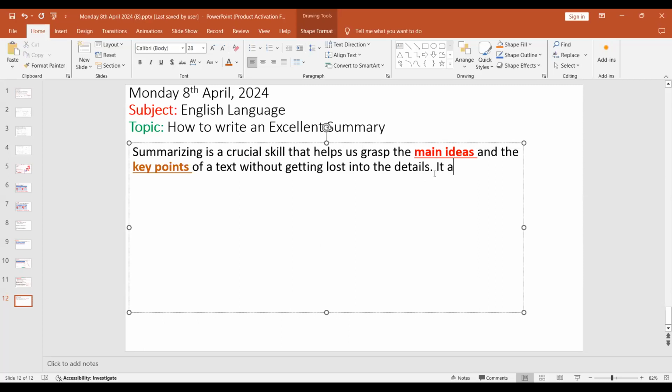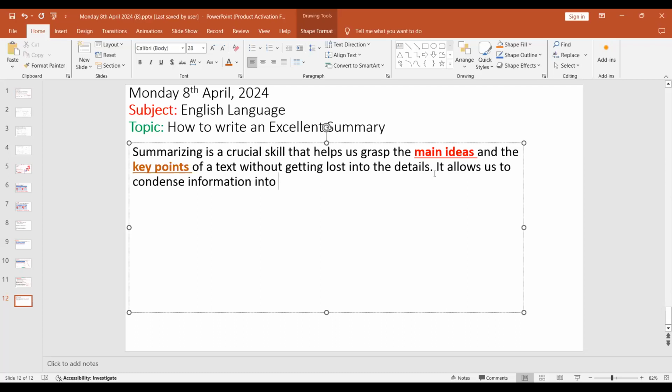So it allows us to condense. What does condense mean? Does that mean make smaller or make bigger? Make smaller.